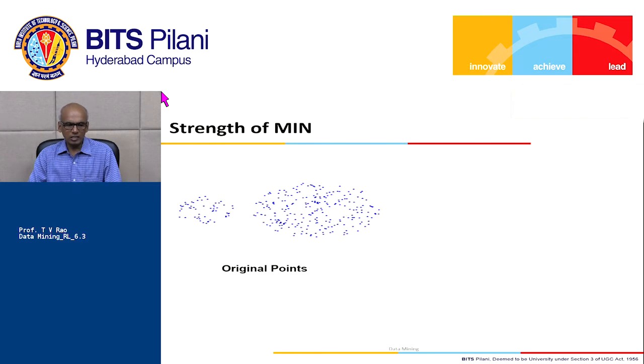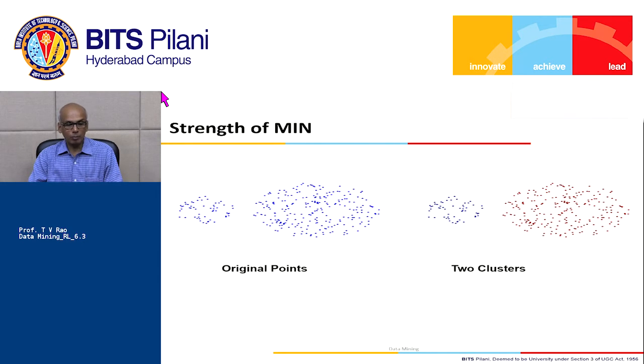We will first see the strengths and weaknesses, and then see what happens to these clusterings if we take a different approach. So now let's say we take this set of points where we can clearly see a natural clustering, and when we use the minimum distance measure, we get the actual real clusters.